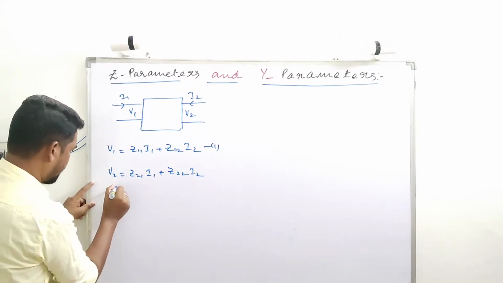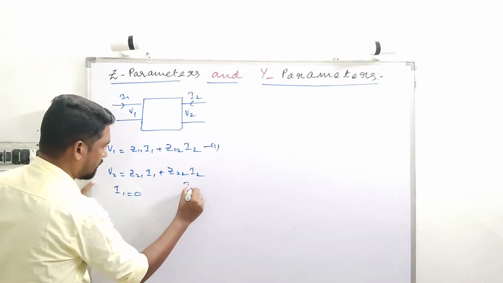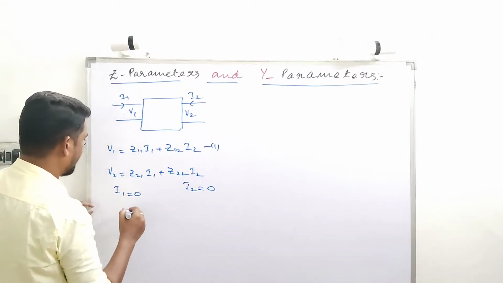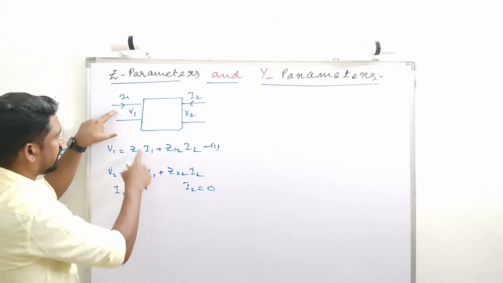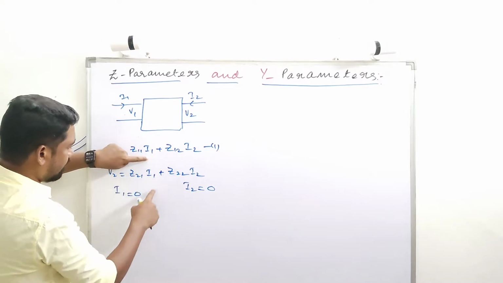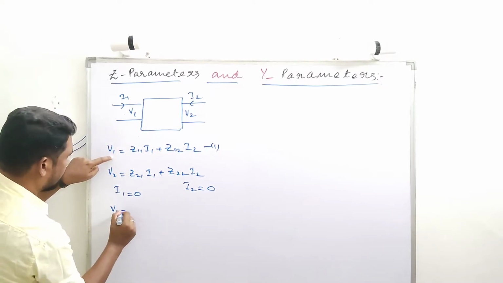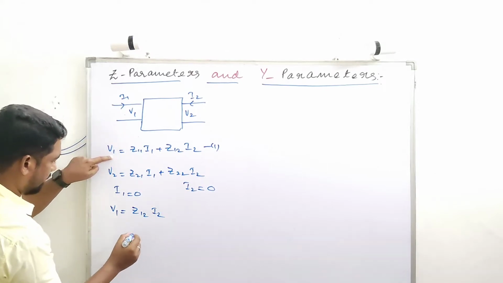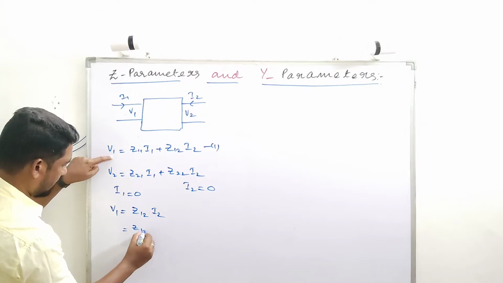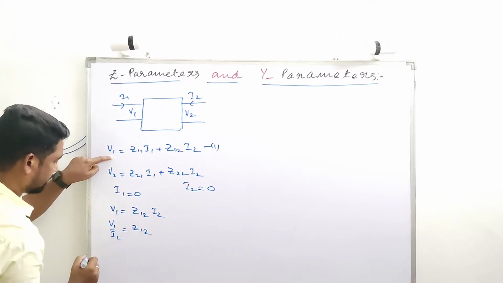Supposing I1 equal to 0, in the sense the input side is open, we will be left with V1 equal to Z12 I2, from which Z12 will be equal to V1 by I2.